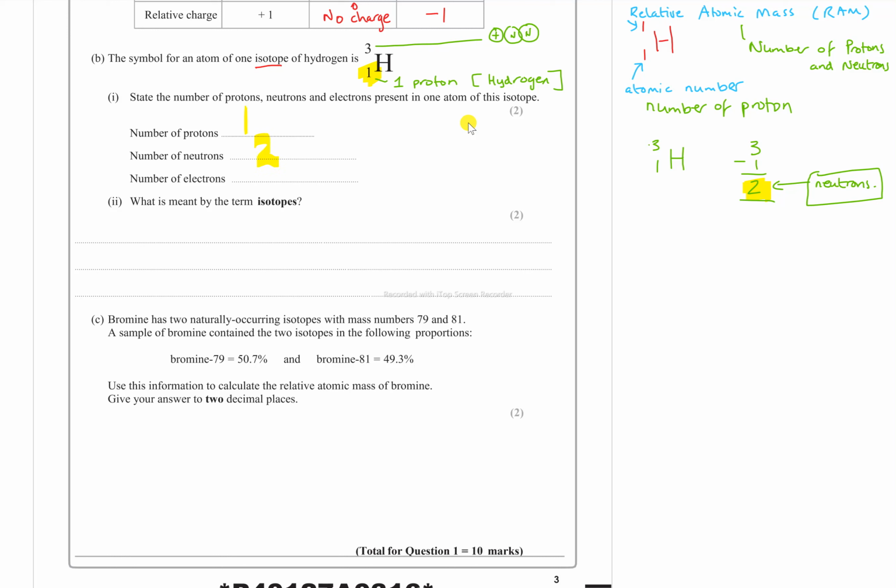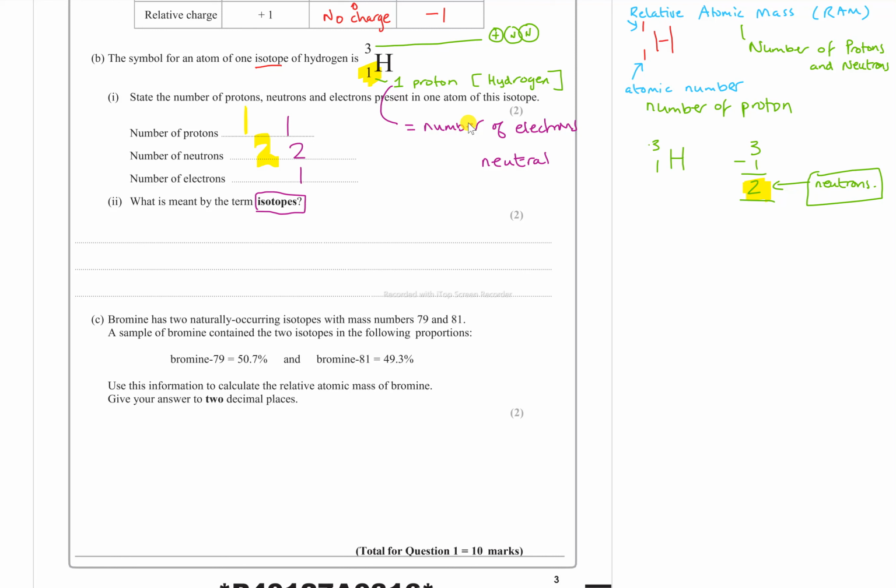And the number of electrons equals the number of protons, because each atom is neutral. There's no overall charge. So 1, 2, and 1.